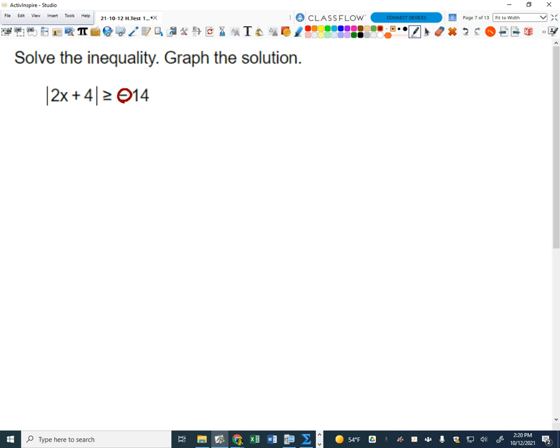So here's my question. We've got an absolute value output. We want to know when is that greater than or equal to a negative number.